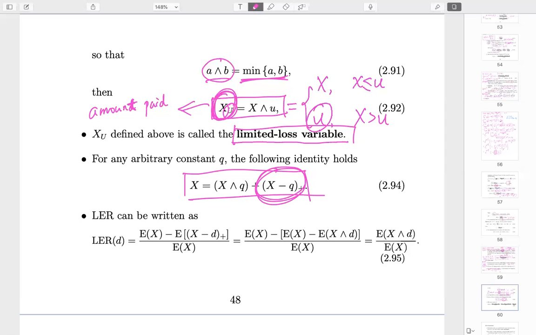Except in that case, it's deductible, not you. We have this nice result. You just need to do a little analysis. So x less than q: min of x and q is x, and x minus q take positive is 0.